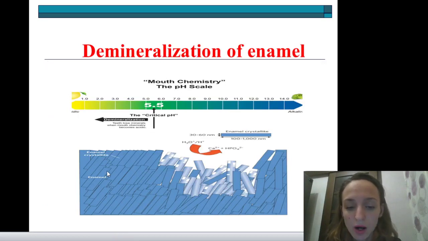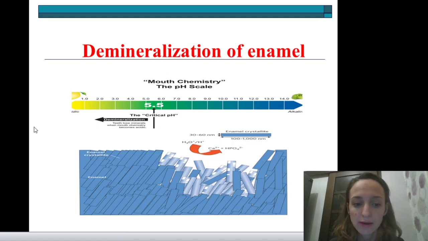Demineralization of enamel: here you can see the pH of the oral cavity, and if this pH is lower than 5.5, we will have a process of demineralization of enamel.